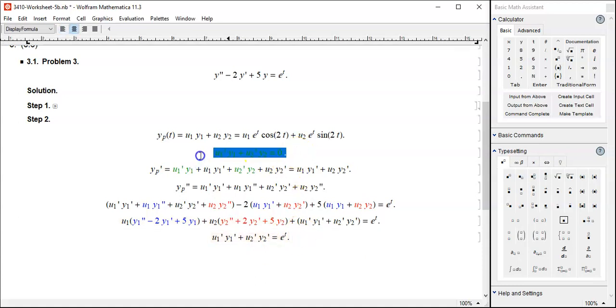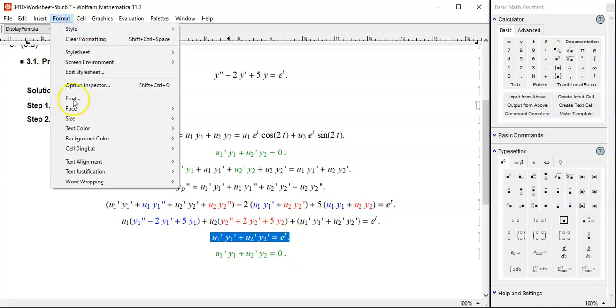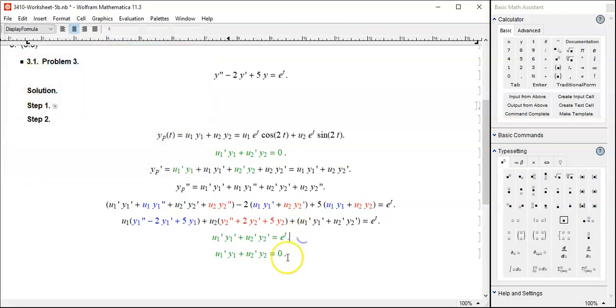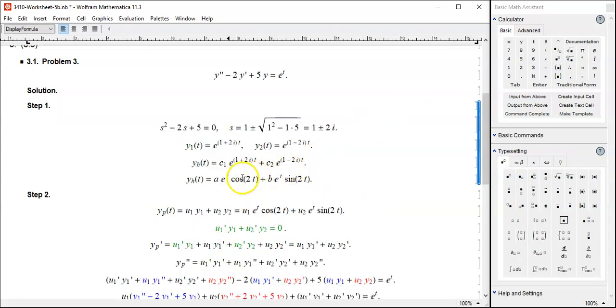This is the equation we started off with, and this is the one I just got. Solving this system of linear equations, y1 and y2 are like this: this is y1, that's y2.